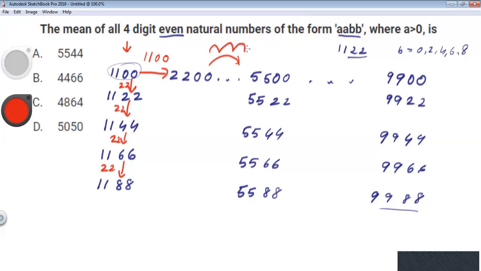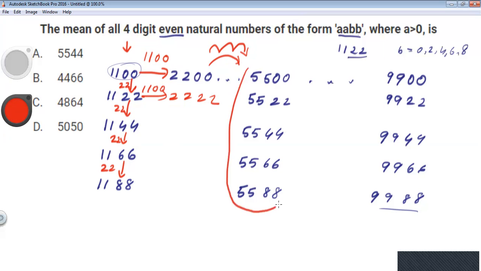So there are 3 jumps here to reach 5500. And for 1122 and 2222, there is again a difference of 1100 only. So these numbers are well spaced, and the mean is going to be the median in this case. Because they are equidistant from each other, and the columns are equidistant from each other.